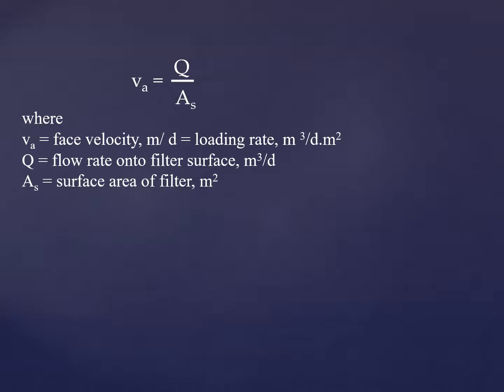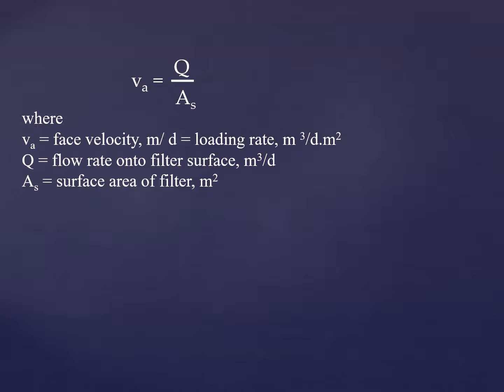Why this one? Because velocity equals Q over area. Q is flow rate onto the filter surface, and we know from fluid class that the unit for flow rate is meters cubed per day. The surface area of one filter will be meters squared.